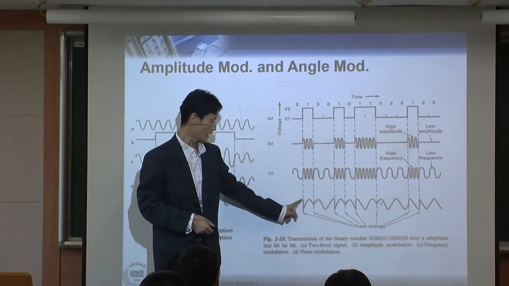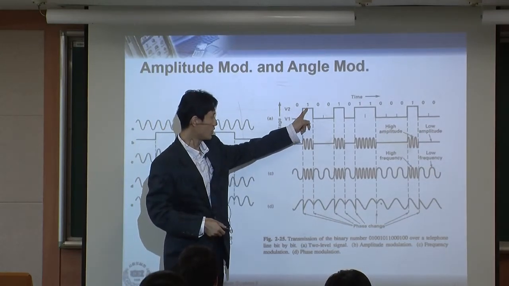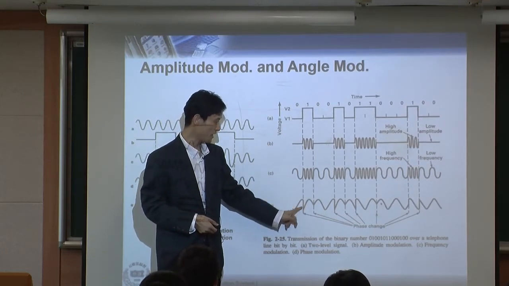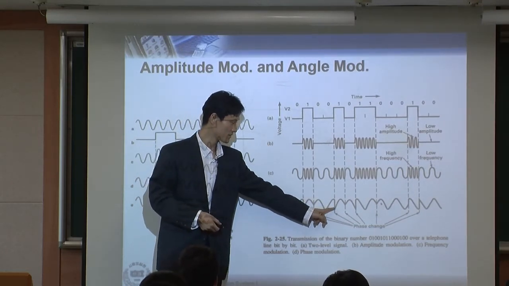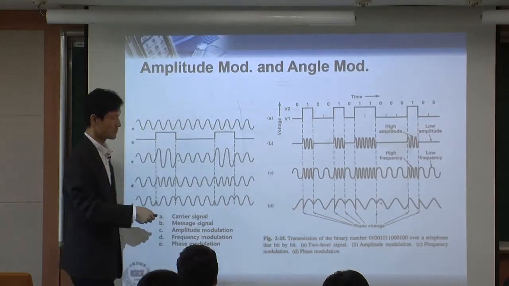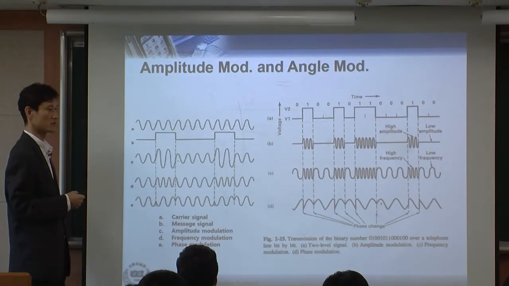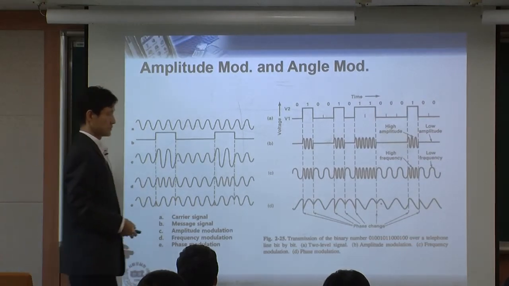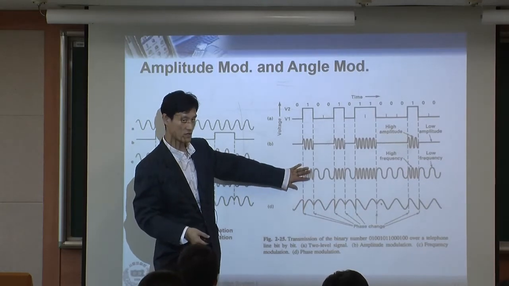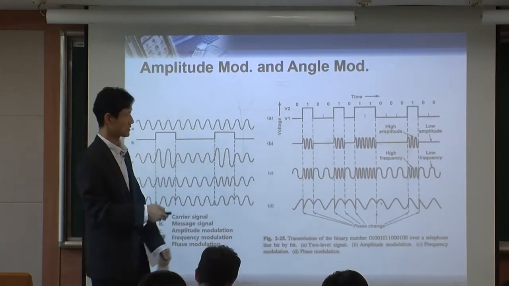Every time a 0, 1 or 1, 0 transition happens, you see the phase suddenly change. So that's the PM signal, phase modulation. These two are what we are learning now: frequency modulation and phase modulation.